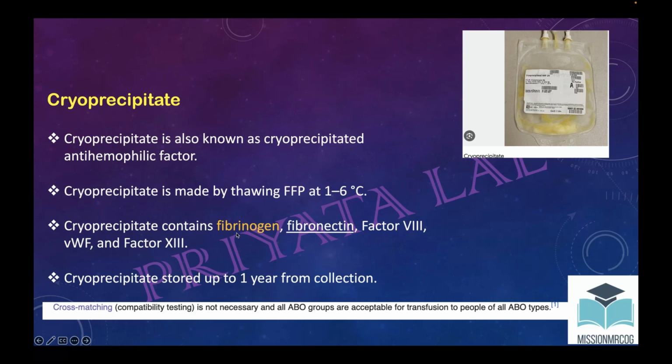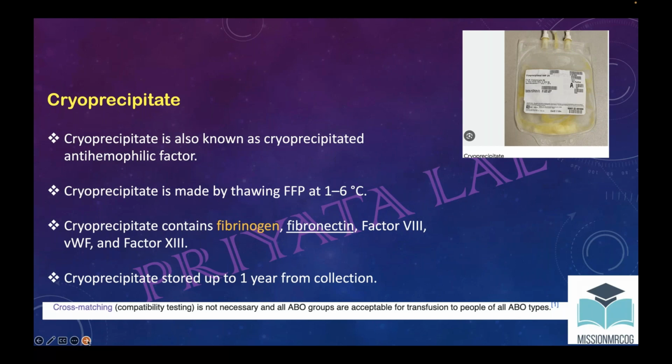If the criteria are followed, cryoprecipitate can also be stored for 1 year. Cross matching is not necessary for cryoprecipitate. All ABO groups are acceptable for transfusion to all ABO types, so it can be given without any cross matching. You should know this component, because sometimes you will find questions on it.